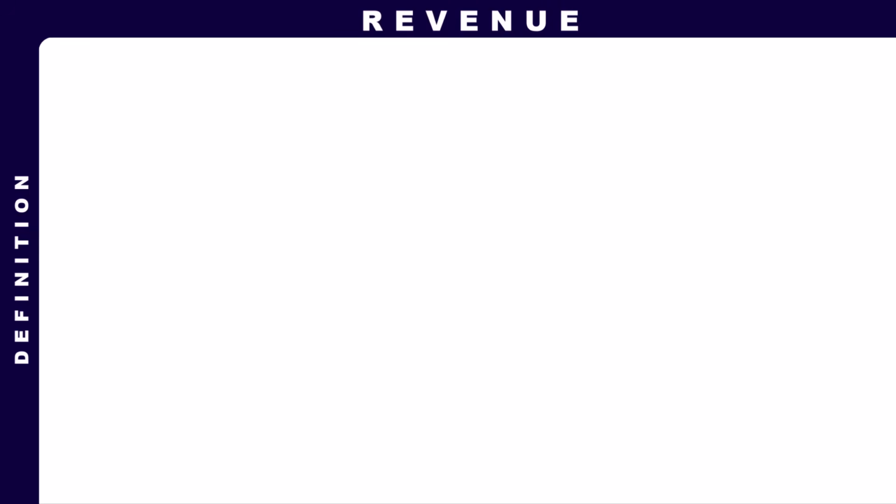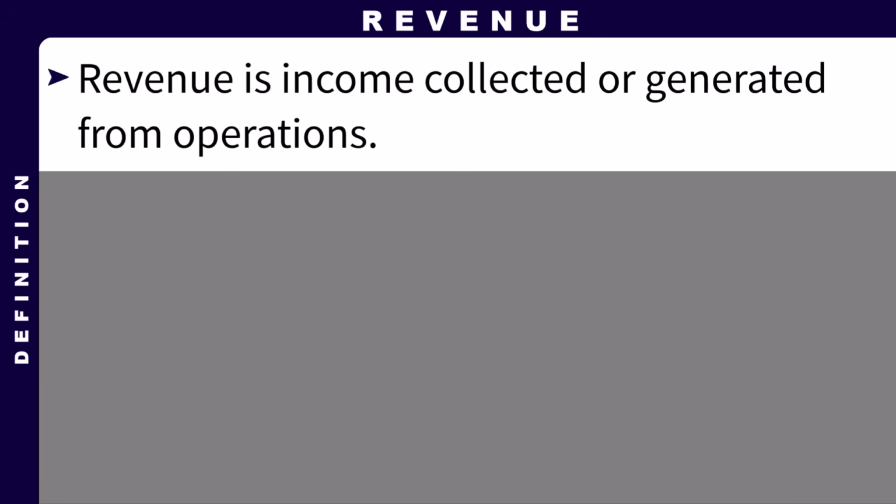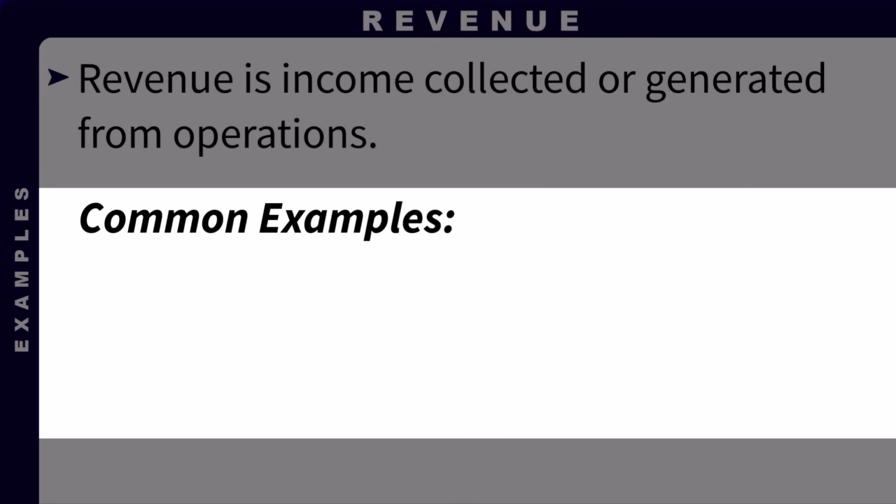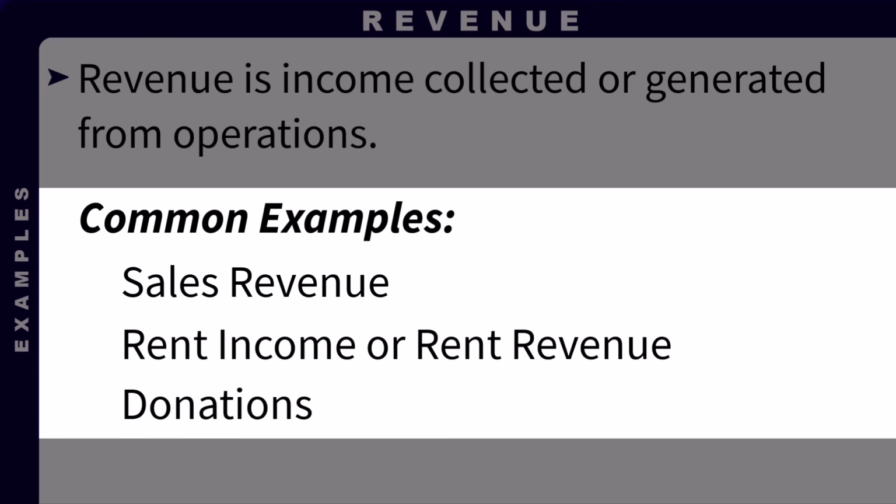Revenue is straightforward. It is simply income that is collected by selling goods or services to customers. In other words, revenue is income collected or generated from operations. Common examples are sales revenue or income, rent income, donations, and so on.